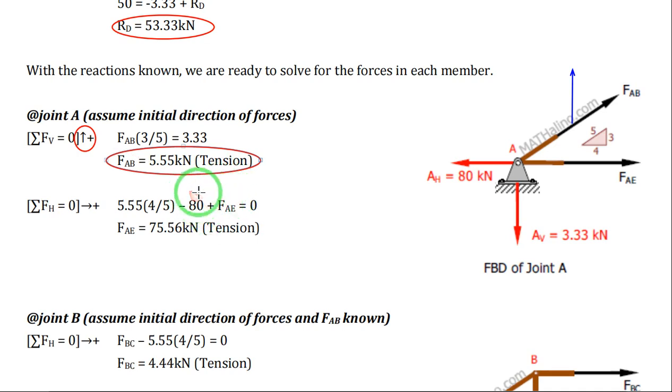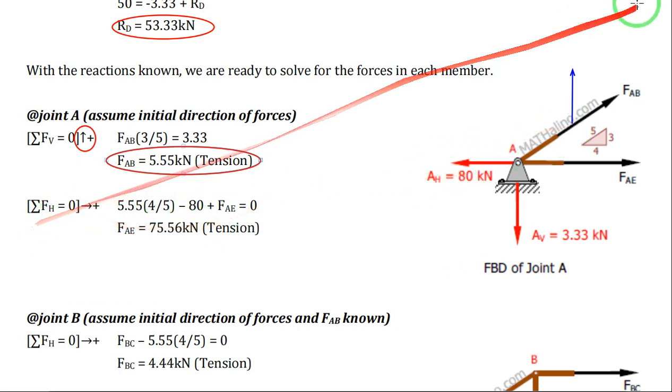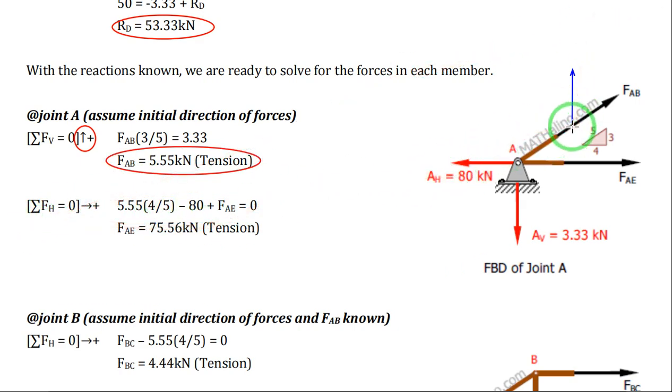Okay, now since we have the value of FAB, we can solve for the value of FAE. Applying the summation of forces along horizontal equals 0, assuming all forces going to the right will be positive. So you have FAB cosine of theta.